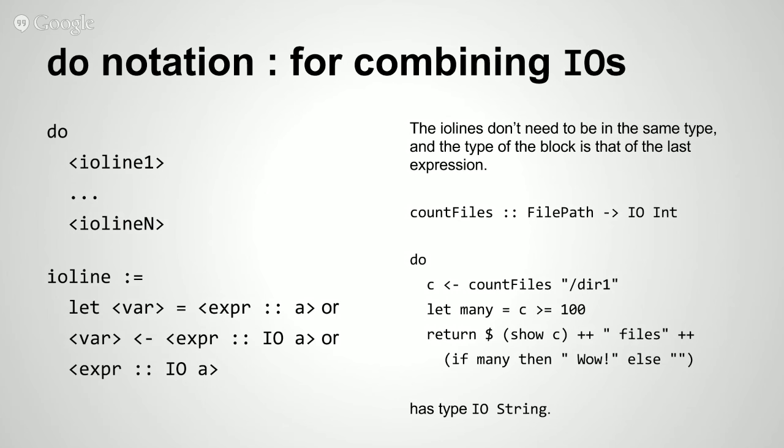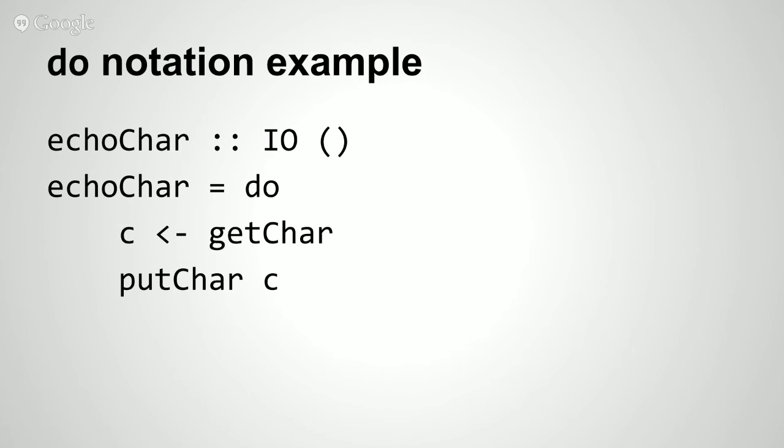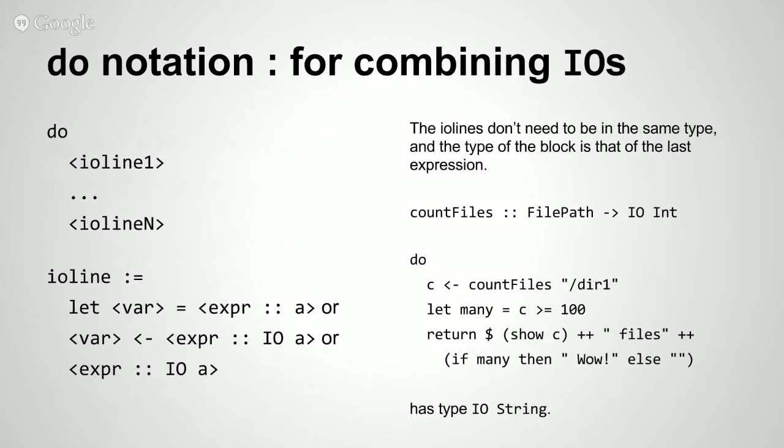All of these other intermediate values are not part of the return, so they don't show up in the type signature. What did you say the dollar sign did again? Oh, the dollar sign, that's just function application. The reason it's there is because of the left associativity of function application.